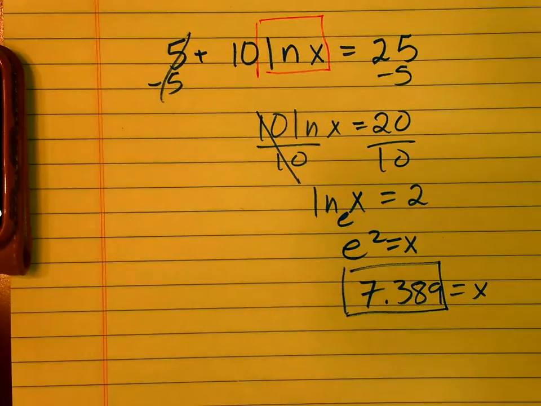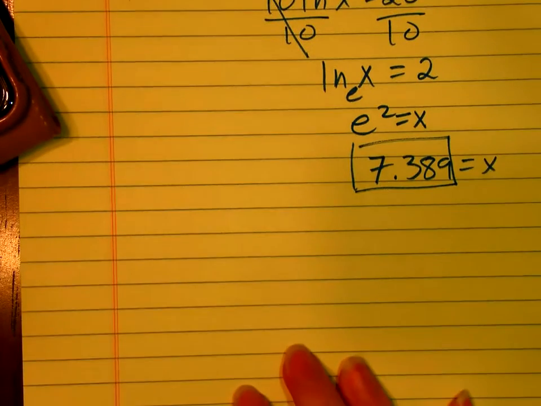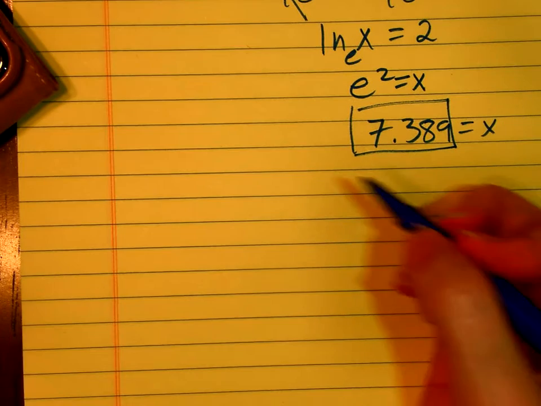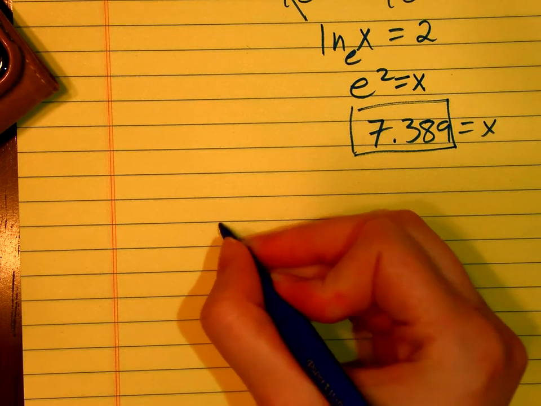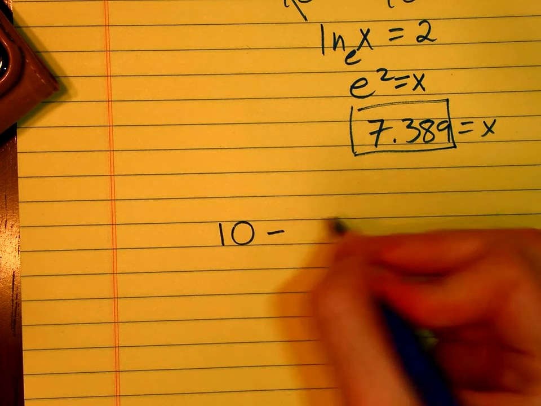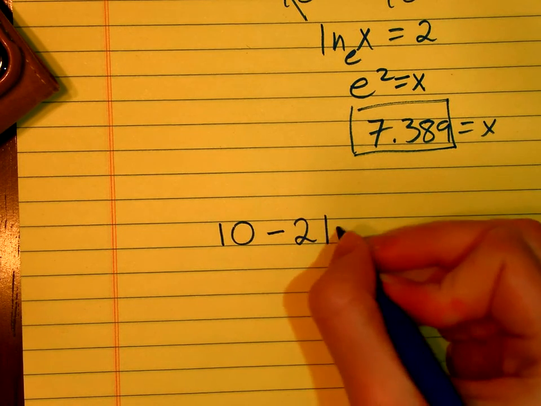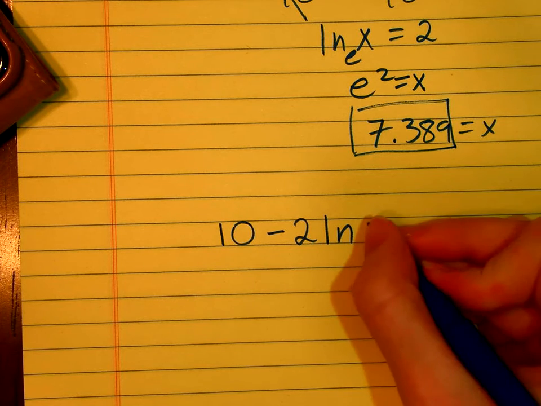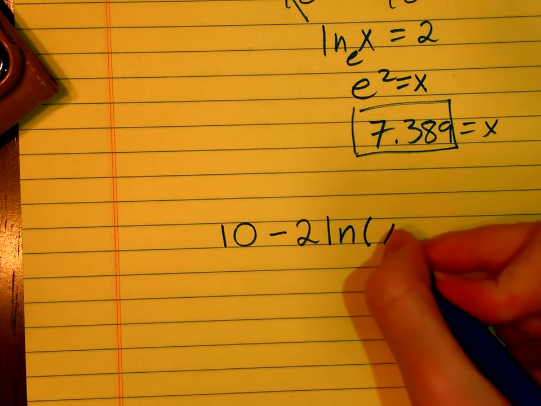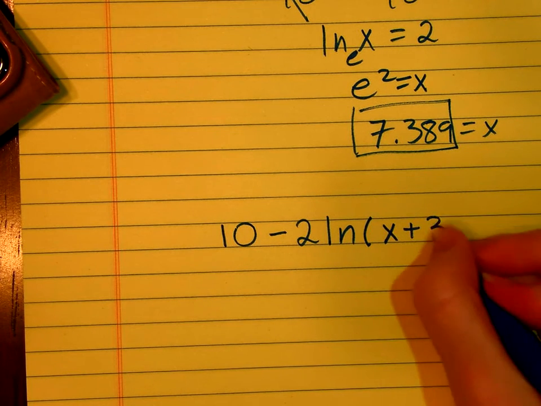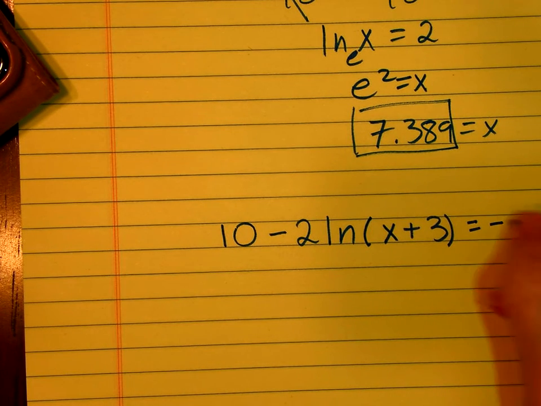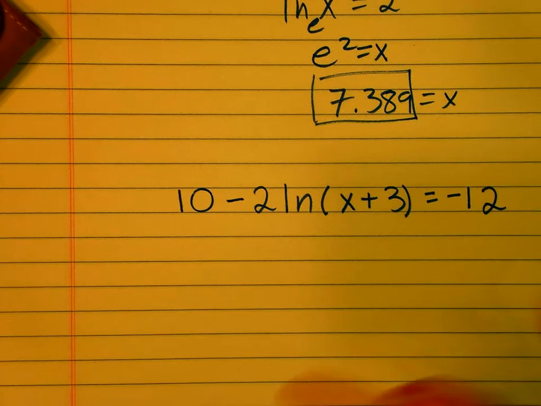Now, how does it work if I have stuff inside the equation? Well, it really works the exact same way. So let's say I had 10 minus 2 ln of x plus 3 equals negative 12. Let's say I had that for whatever reason.